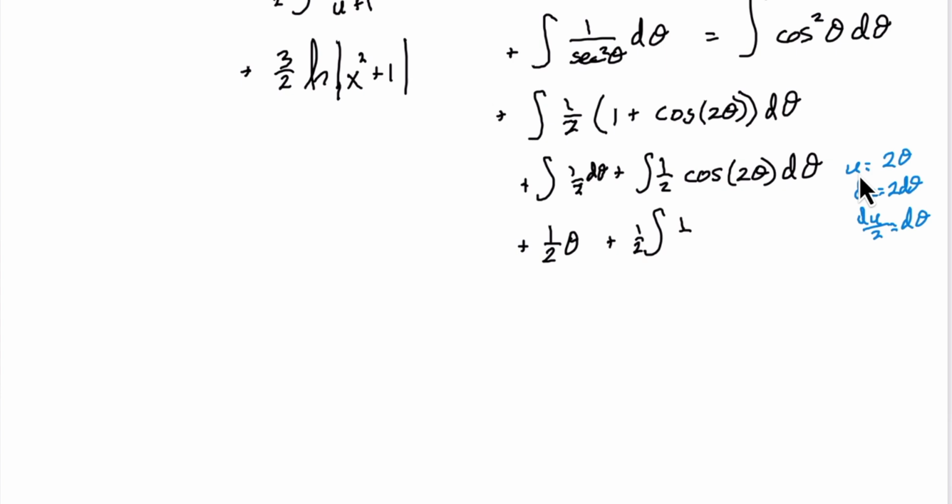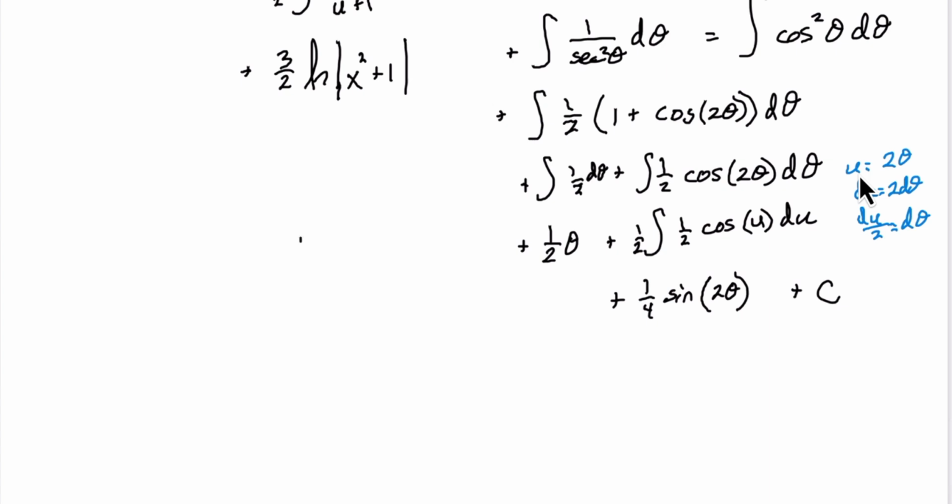Integral of 1/2 cosine u du. We now have 1/4. The integral of cosine is sine of u, which we said is 2 theta. All of that is eventually plus c.